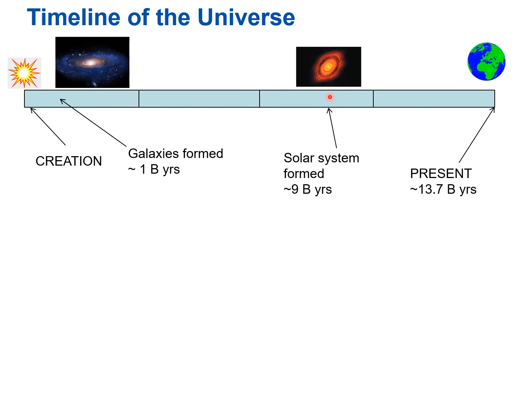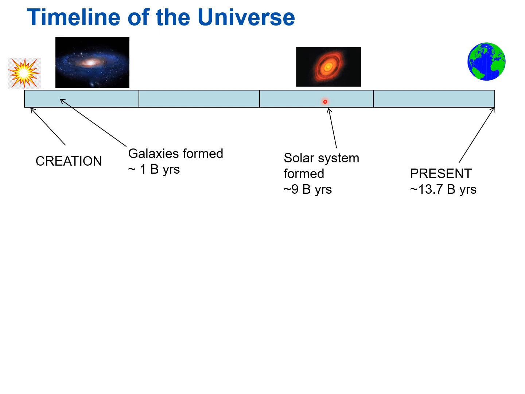And when we get into, in the next unit, studying stars, you'll see why all this time wasn't just a waste of time, but rather the universe and our galaxy were getting ready as heavy elements were created inside stars, the elements necessary for planets, the elements necessary for life. They were slowly being created inside previous generations of stars, so that the galaxy was ready for our solar system.